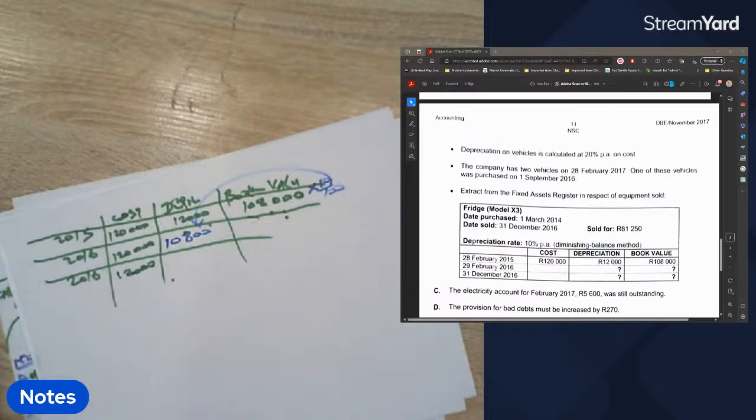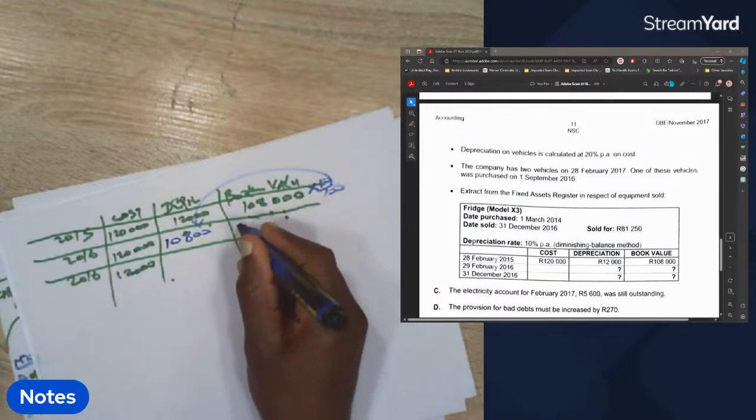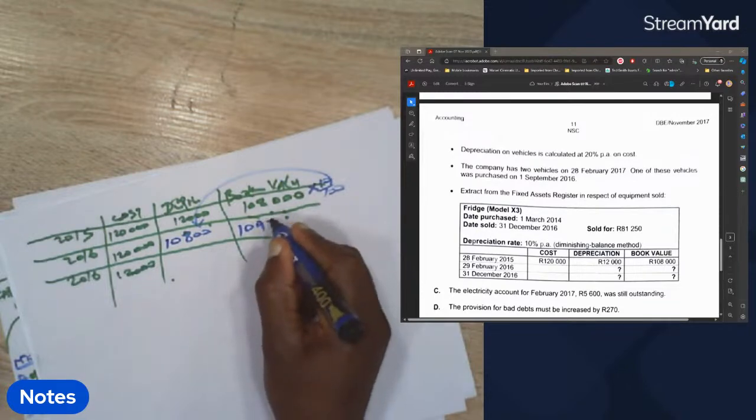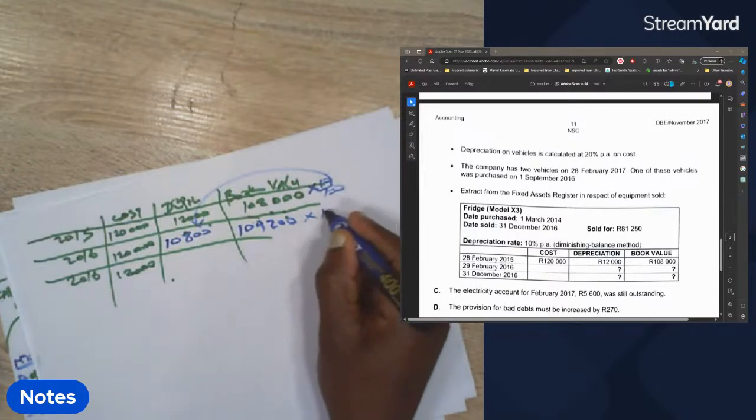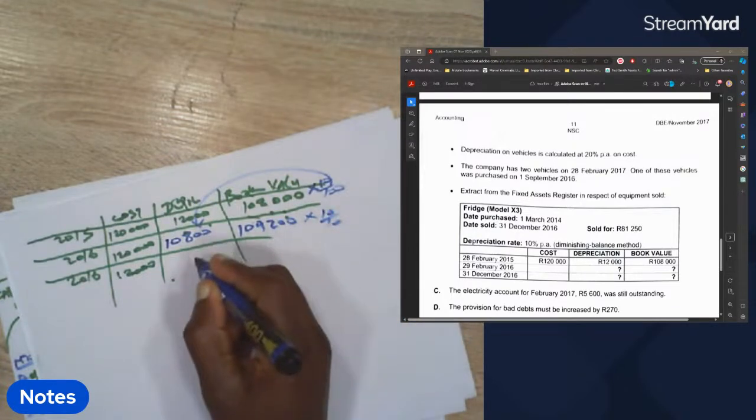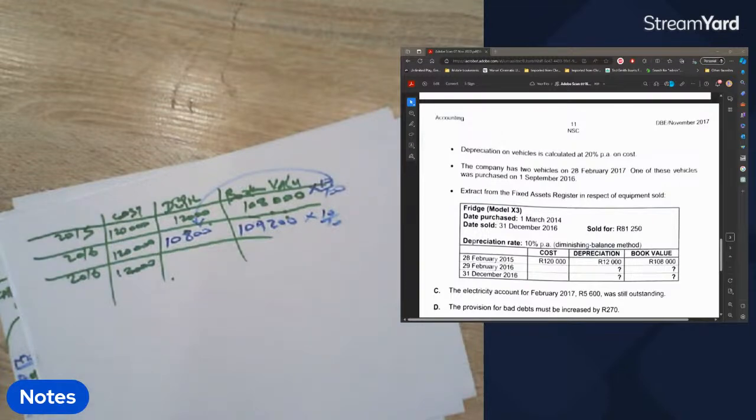So 120,000 minus 10,800, we get 109,200. Then you again take 10% divided by 100, times by 10%. We get 10,920, but remember this is from December.